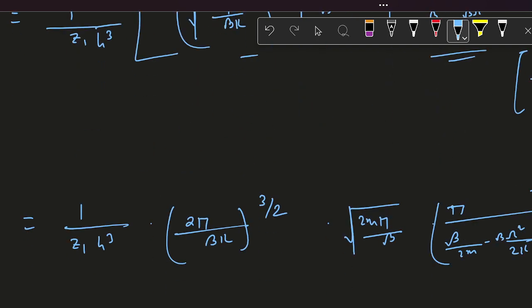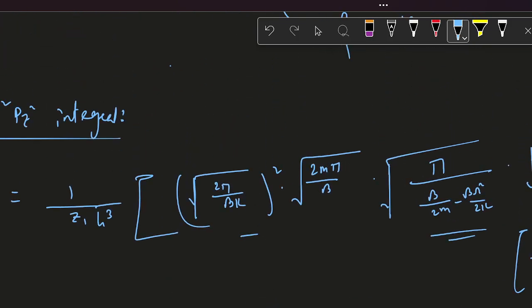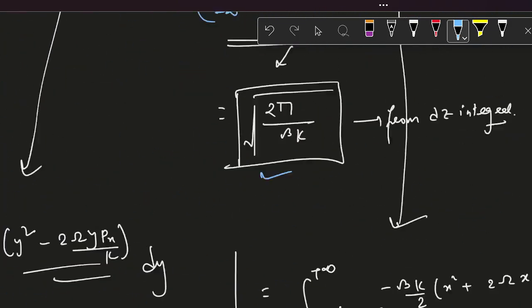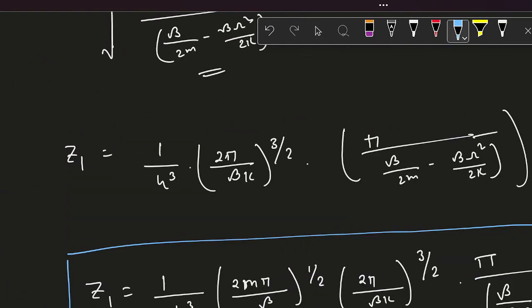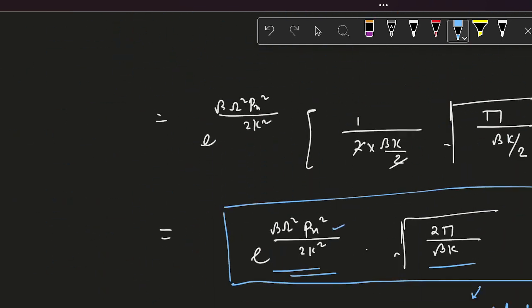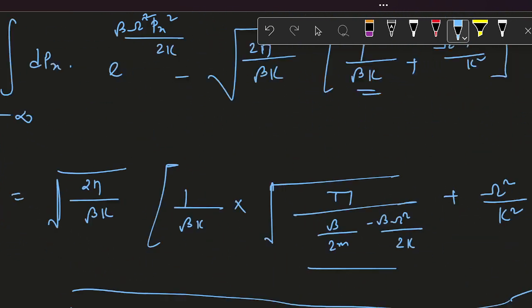Okay, so this is what you have in total, but you also know the value of z1, so you can just divide and get a simplified value. So let us look at what the z1 value was. Z1 is this: 1 by h cube, this thing and this. So we have to divide by z1.